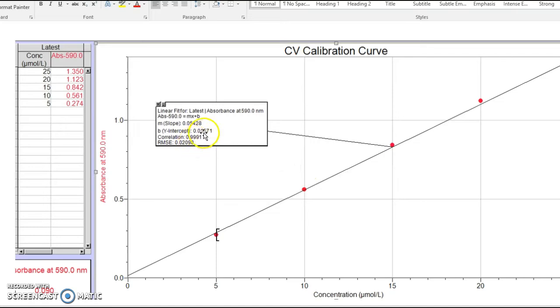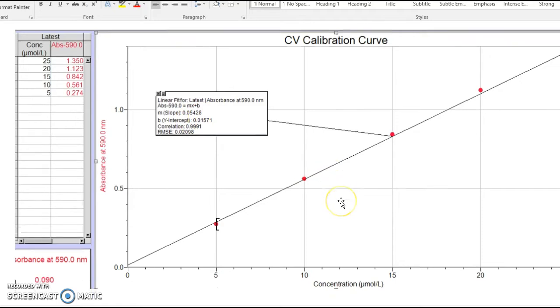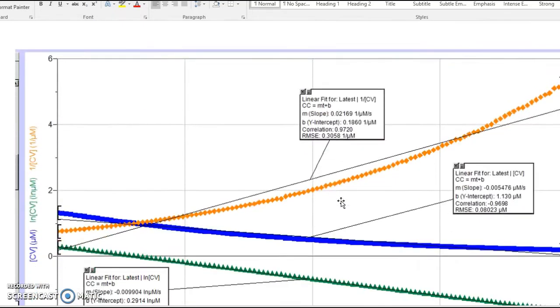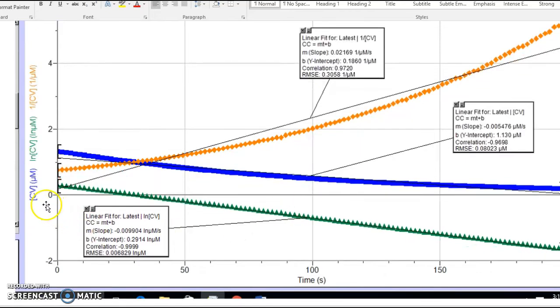So in my little example here, my slope is 0.05428. When I go and do my 3 different graphs, one of concentration versus time, another of the natural log of the concentration versus time, and 1 over the concentration versus time, I get a variety of different graphs here.